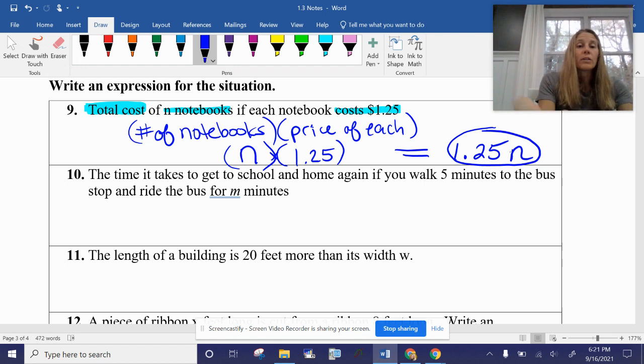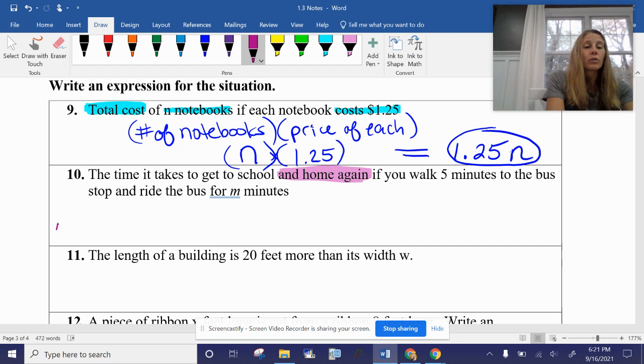Okay, the time it takes to get to school and home again if you walk 5 minutes to the bus stop and then ride the bus, right? So let's say here's your home. Here's the bus stop. I'm going to draw my little sign here. Okay. And then here's school.